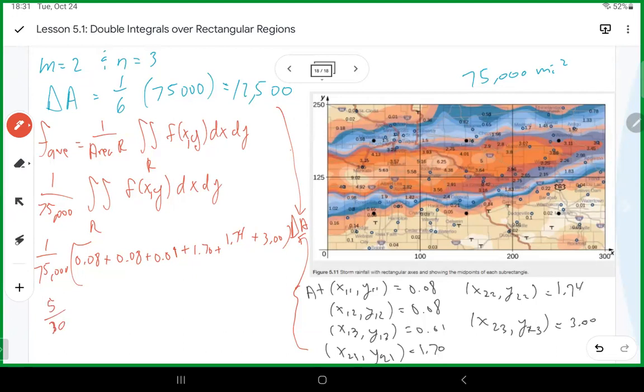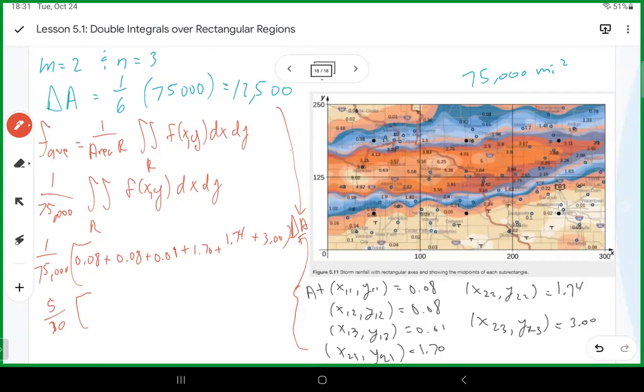And then if we add the insides, I don't have my calculator, you can do it with me. 0.08 plus 0.08 plus 0.01 plus 1.70 plus 1.74 plus 3.